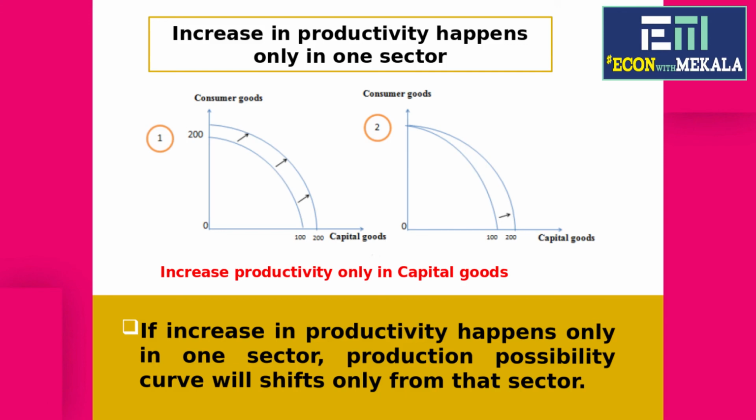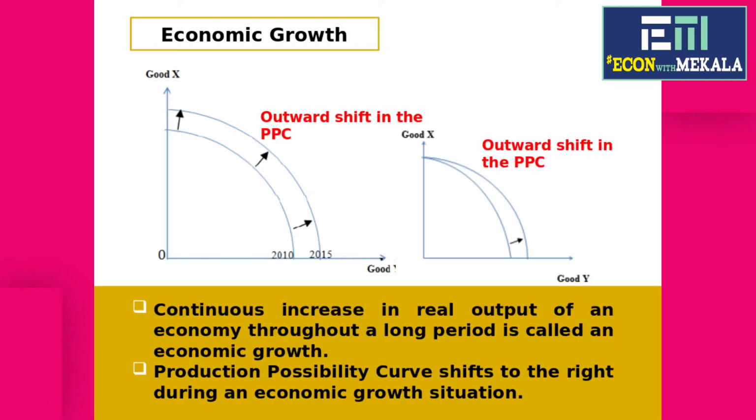So guys, these are the few things we discussed about macroeconomic factors which can influence changes or shifts in our PPF. Next topic is about economic growth. We all know economic growth is a situation where a country's real output is increasing over time. So at this time, all the sectors in the economy are performing well.